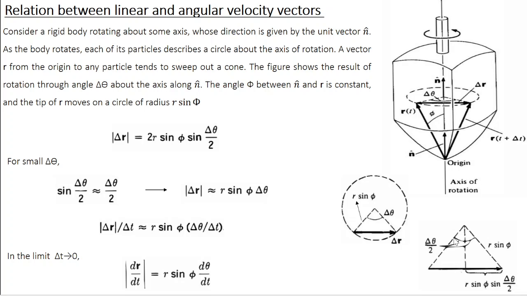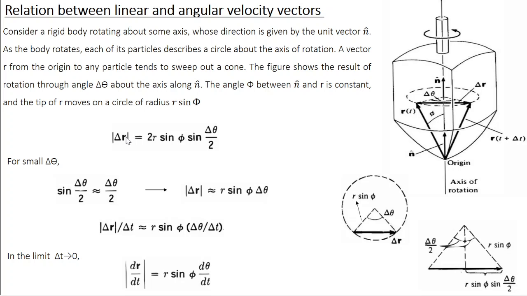This angle is delta theta, half of that is delta theta by 2, and this side is the radius of the circle, r sine phi. So this half of the length is r sine phi sine delta theta by 2. The other half is also the same amount. So the total length delta r is 2r sine phi sine delta theta by 2.